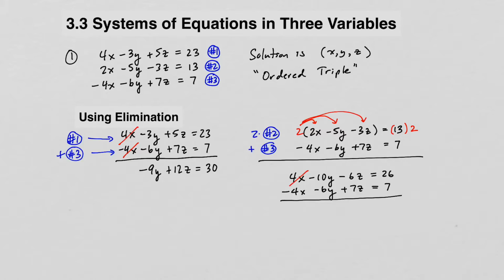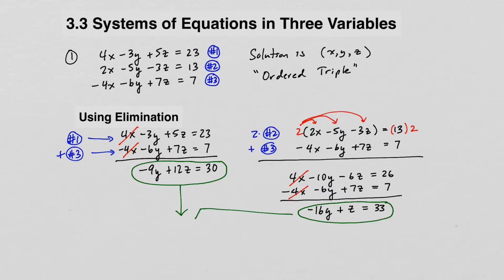Now when we add, you can see the x cancels once again. And negative 10y minus 6y is negative 16y. Negative 6z plus 7z is z. And 26 plus 7 is 33. So now what we have is one equation here with the variables y and z, and another equation over here with the variables y and z.